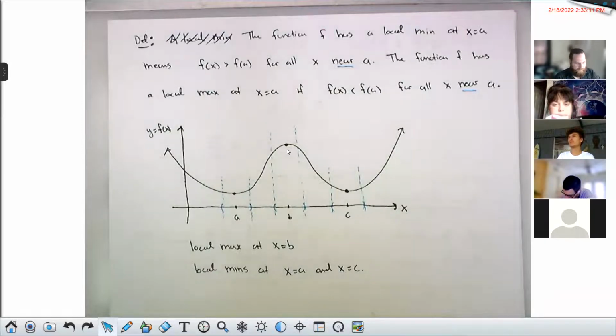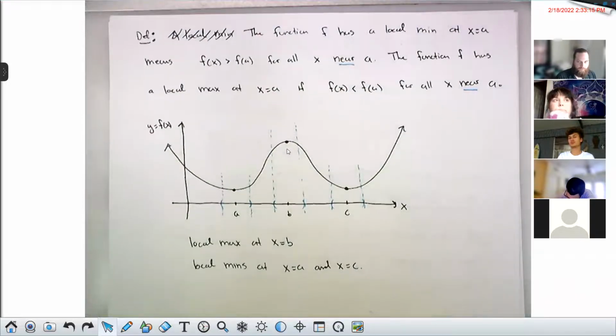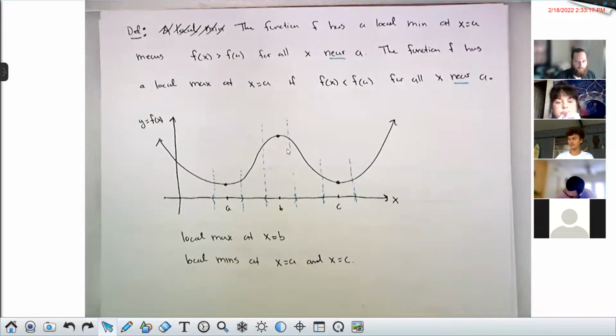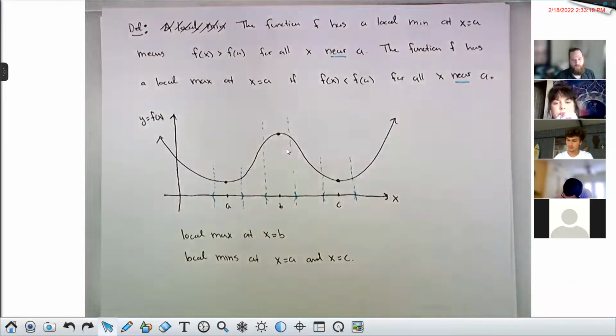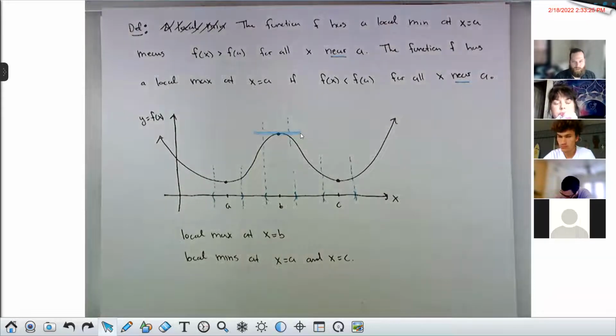I know that you've seen this before in algebra classes, but now that you have the benefit of knowing some calculus, you might recognize that these points have a tendency to show up at places where tangent lines are horizontal, right?